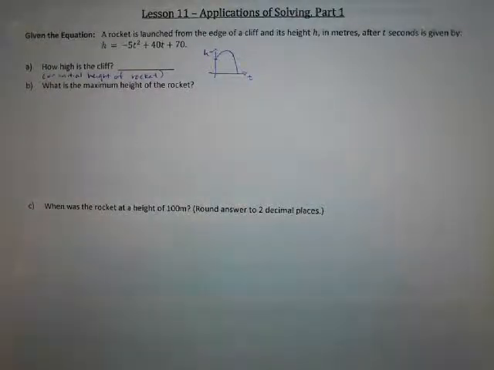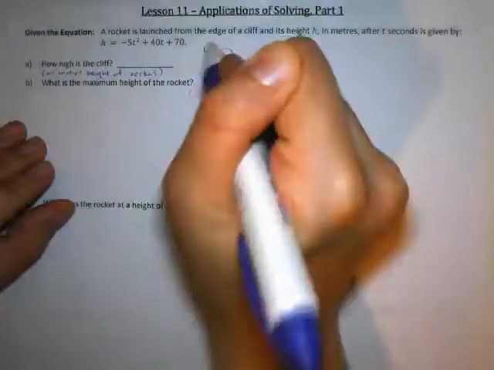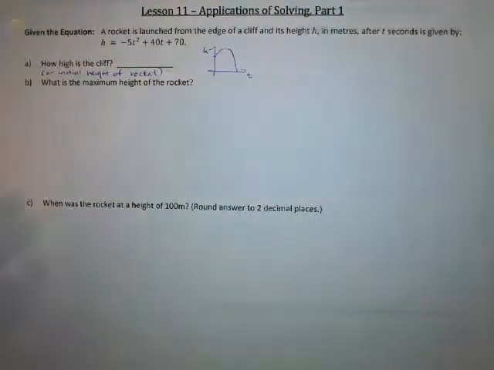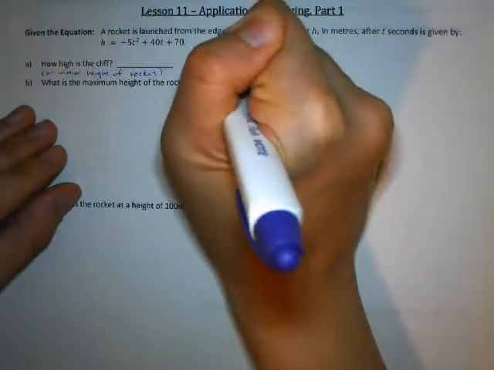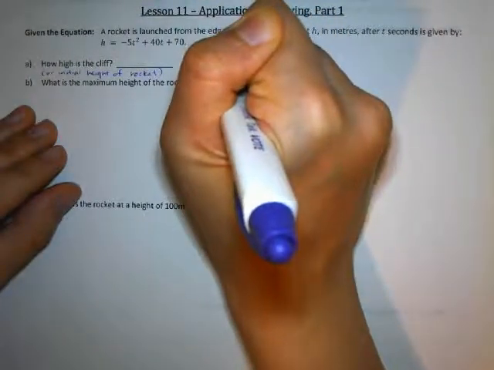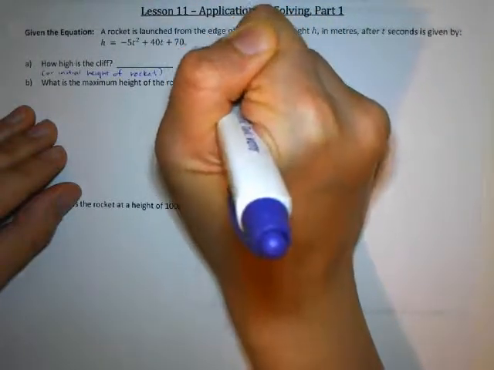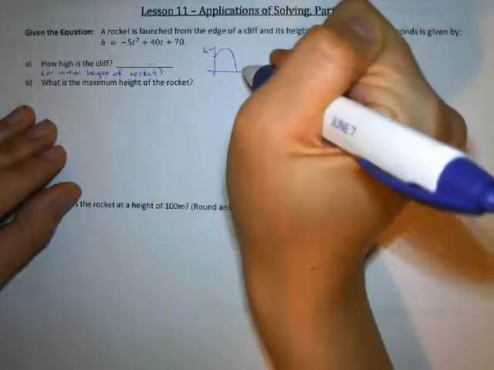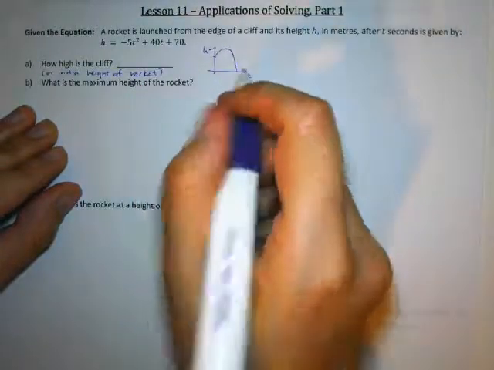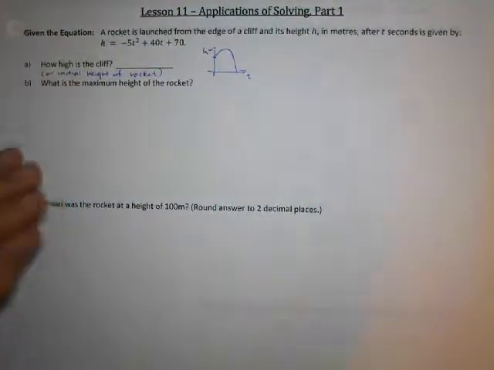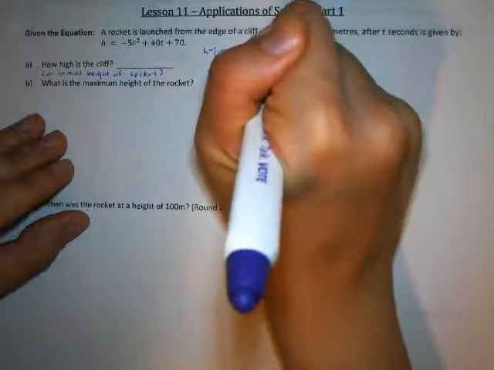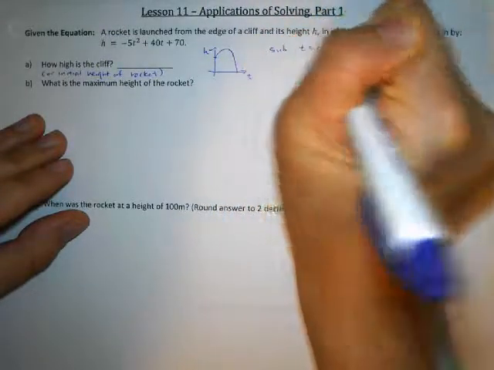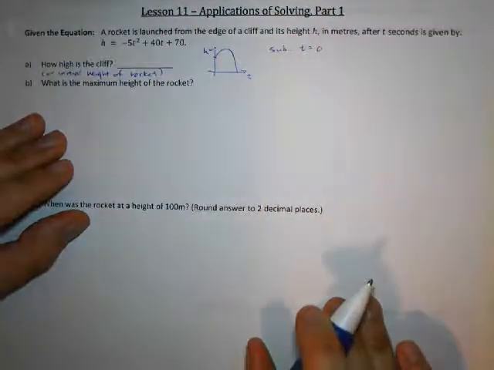Okay, so if we want to figure out the height of the cliff, we have to figure out the initial height of the rocket. So in this case, the starting height is the y-intercept. So this is where t equals 0. So all we have to do is sub in t equals 0 into the equation.